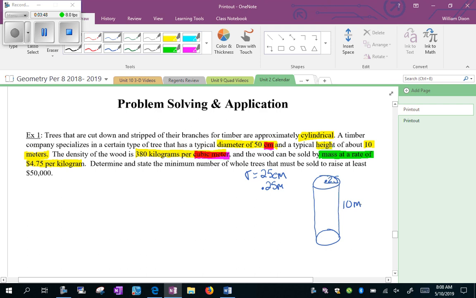Now let's write down our density formula. That's going to be D equals mass divided by volume. Let's find our volume. The volume for a cylinder is V equals pi r squared times the height, which equals pi times our radius, 0.25, squared, times 10.